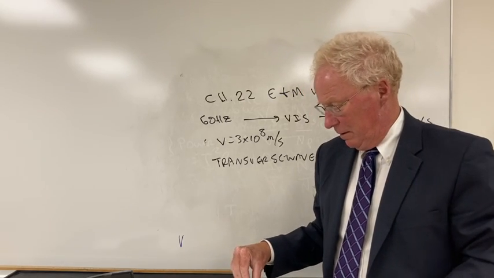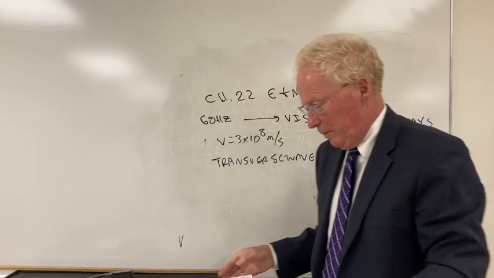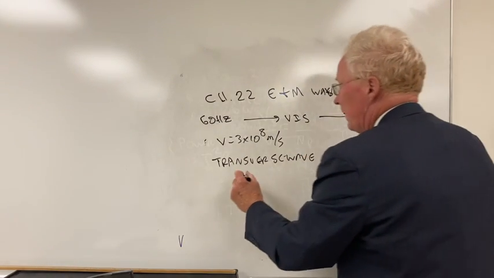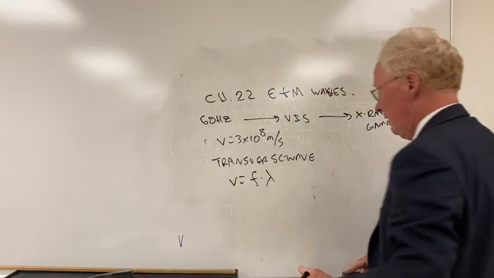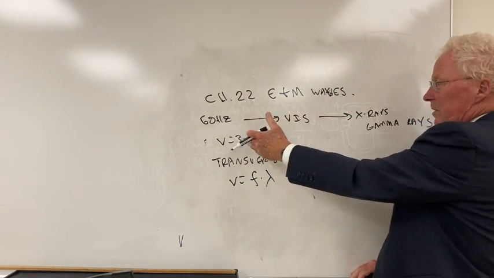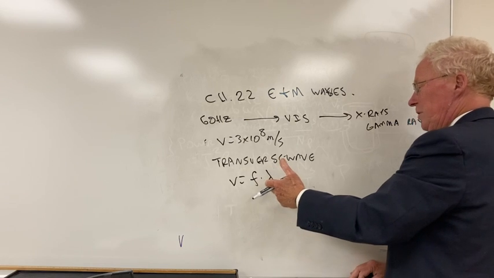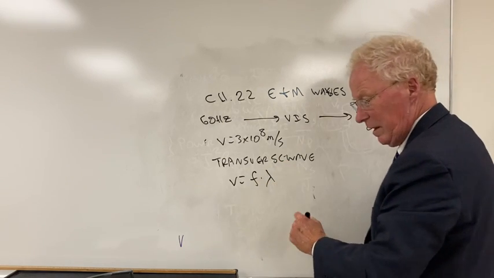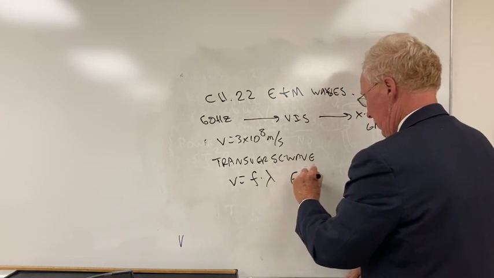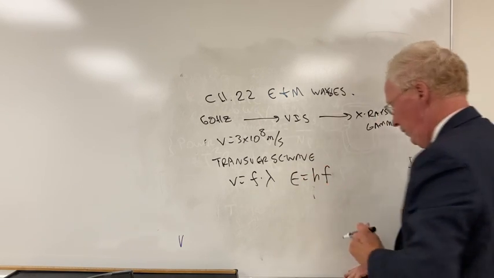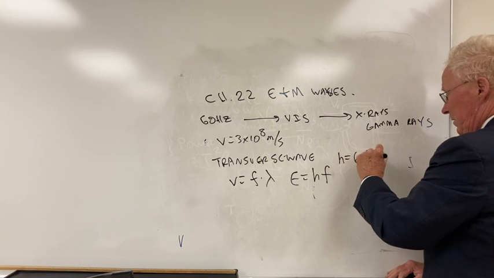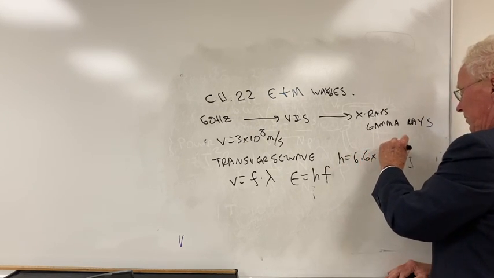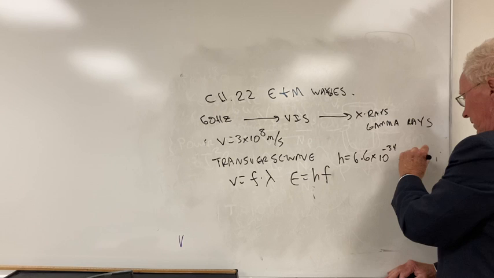And again, we went through the whole spectrum: v is frequency times wavelength. Since all these travel at the same speed, higher frequency means shorter wavelength, and the energy is h times the frequency, where h is Planck's constant, 6.6 times 10 to the minus 34th joule seconds.